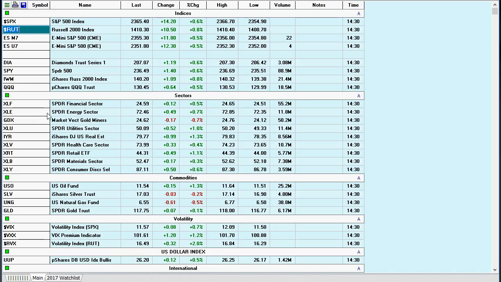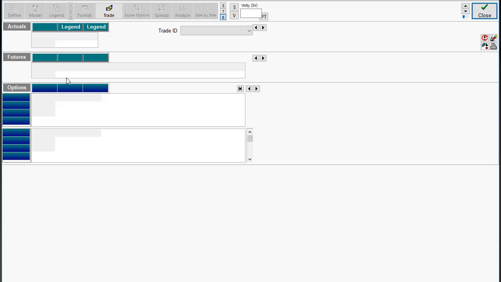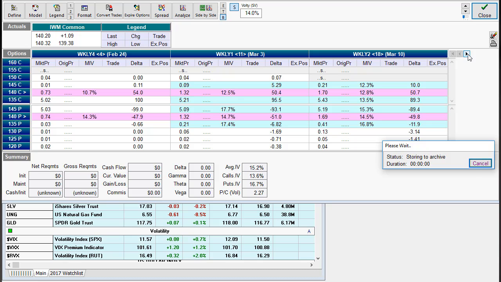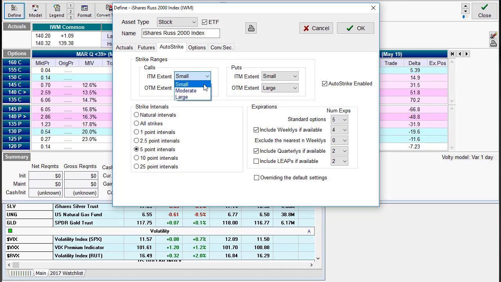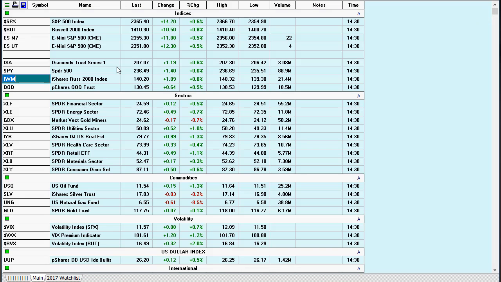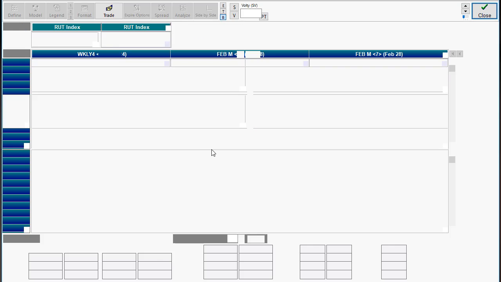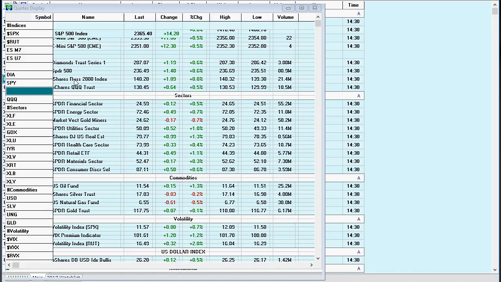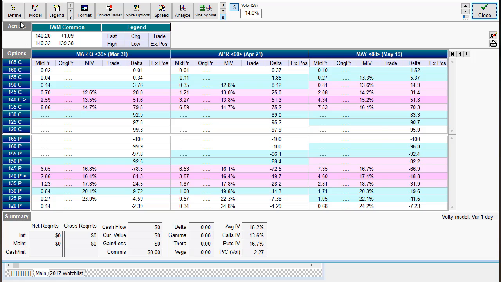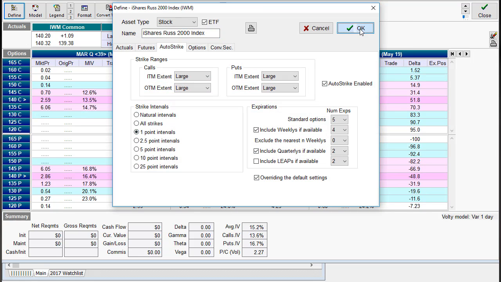And if I show you that, you'll see right here is the IWM. We'll go to these options right here, expire in 60 days, and we'll say, let's change this to in the money large, and we'll go back and show you that the 1330 call strike on the Russell is the exact same as the 133 call strike on the IWM.